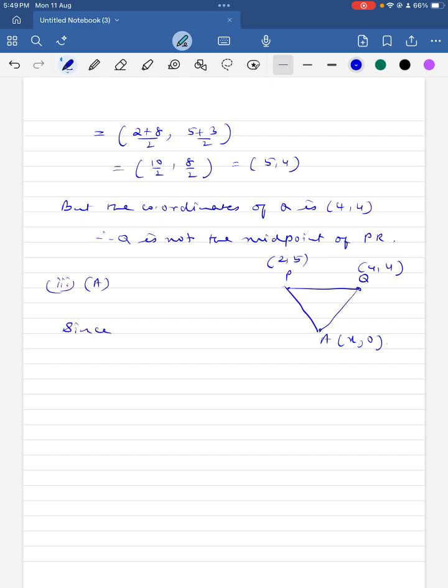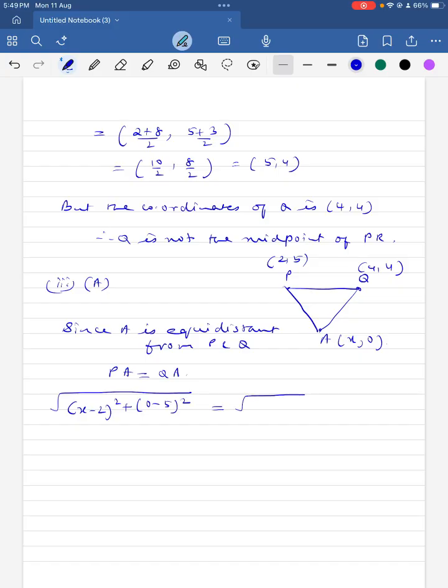Now since A is equidistant from P and Q, we know that PA is equal to QA. Let's find PA by using the distance formula. It's root of x minus 2 the whole square plus 0 minus 5 the whole square, and that's equal to root of QA, which is x minus 4 the whole square plus 0 minus 4 the whole square.